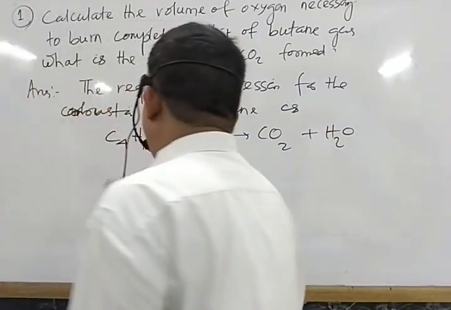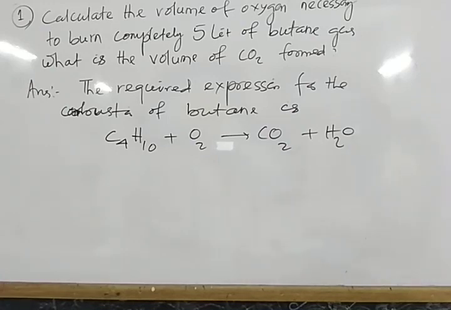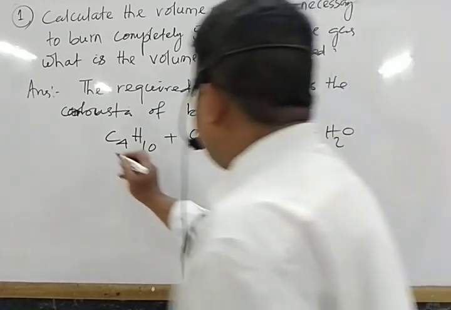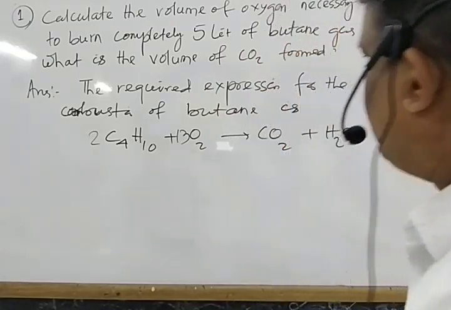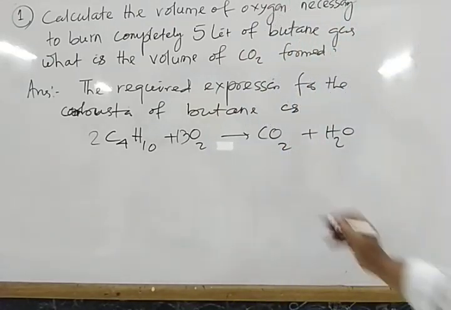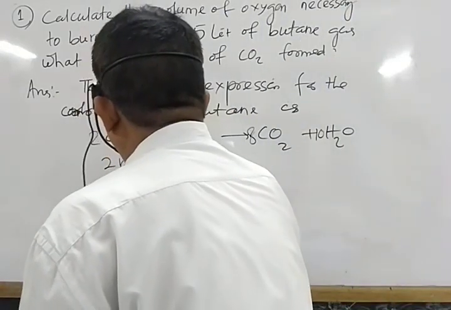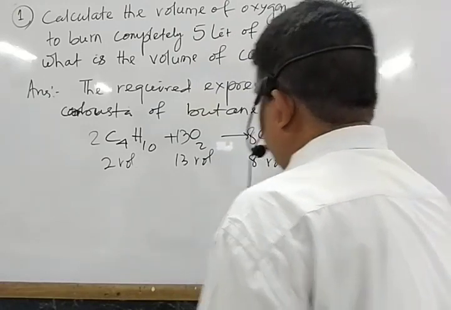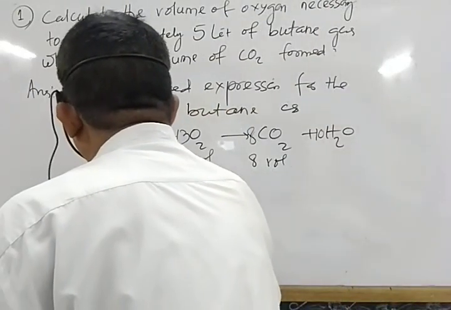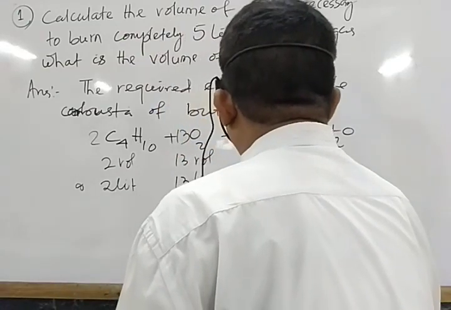Mark that. On balancing it by hit and trial method, it is 2 mole of butane, 13 mole of oxygen giving 8 and 10. That is, 2 volume, 13 volume, 8 volume, or 2 liter, 13 liter, 8 liter.